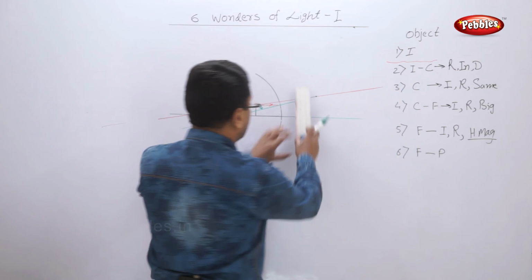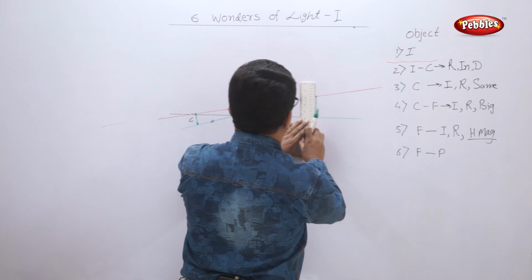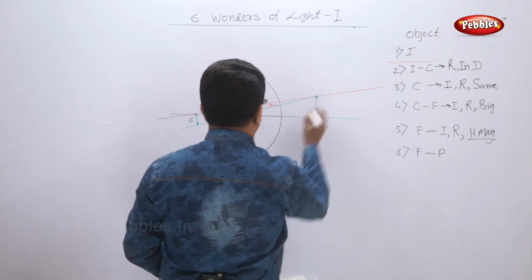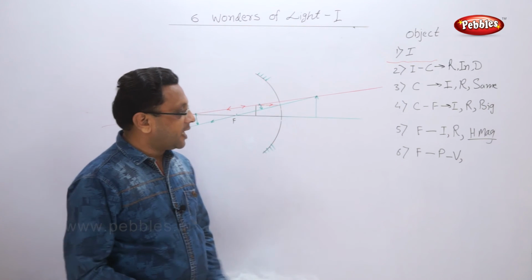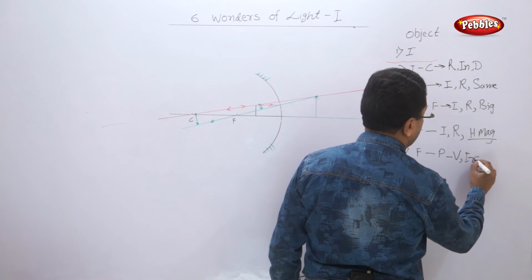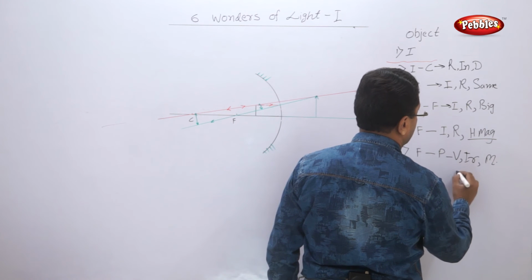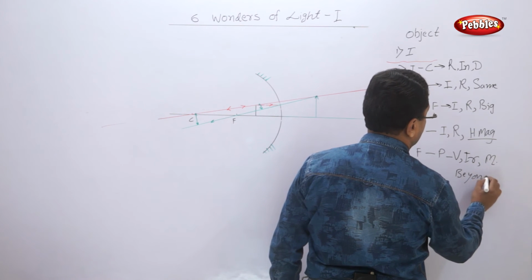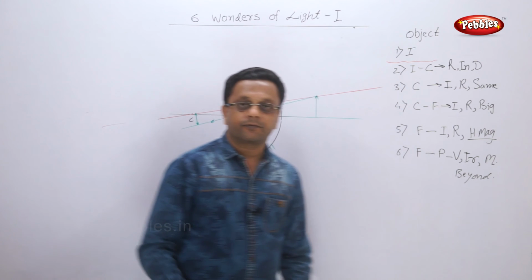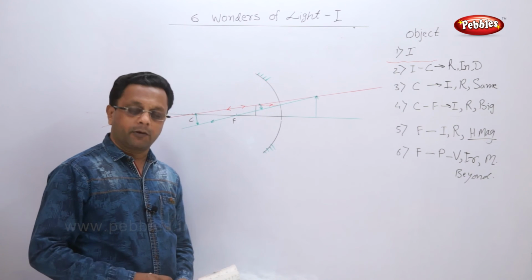Okay, and so I got the image here. So I will say that this image is virtual, erect, magnified and beyond. Okay, you will get this table in your book, don't worry about it.